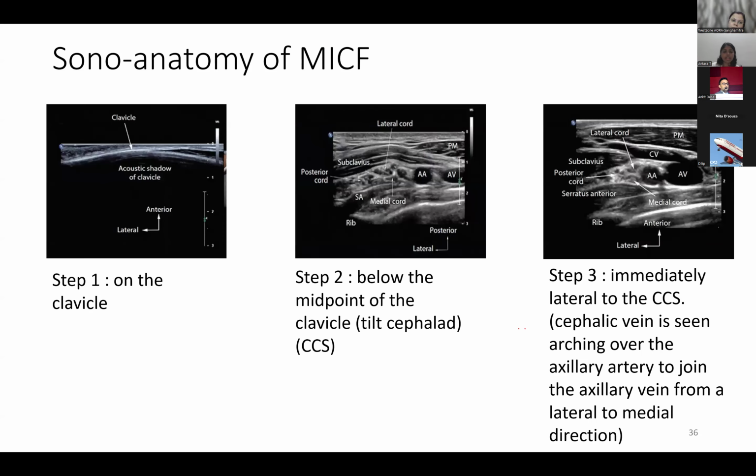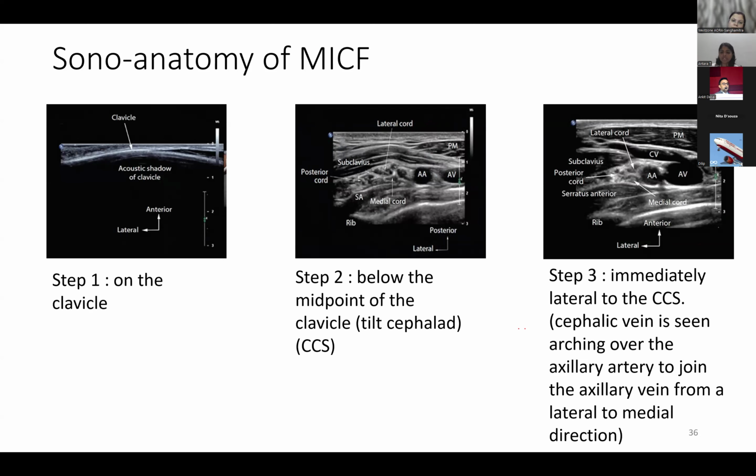So while scanning the medial infraclavicular fossa, we follow these steps. The first step, we keep the probe on the clavicle. We see the clavicle with its acoustic shadow. We slip the probe below the clavicle, below the midpoint of the clavicle, and tilt it cephalad. We see the costoclavicular space with all the cords lying lateral to the axillary artery.